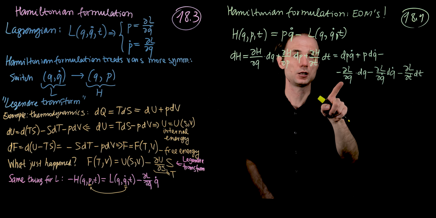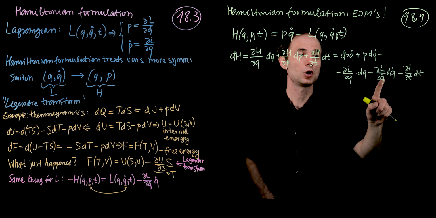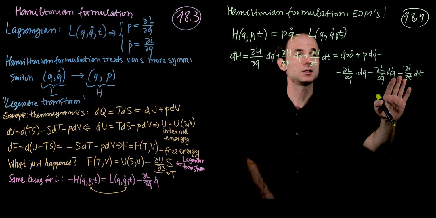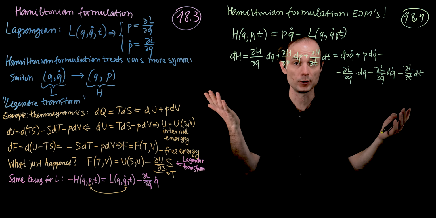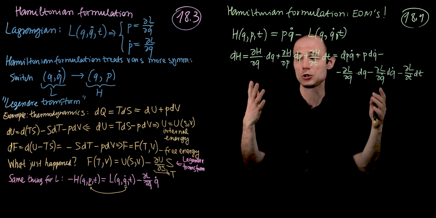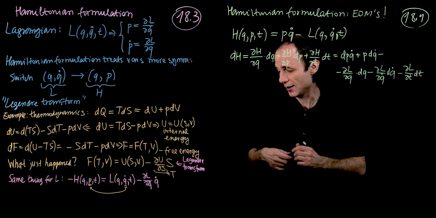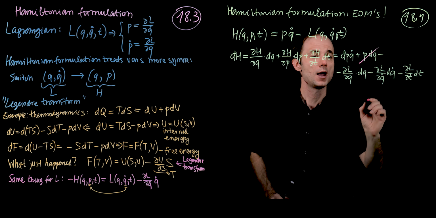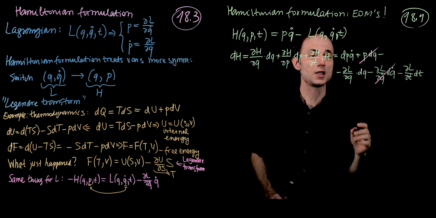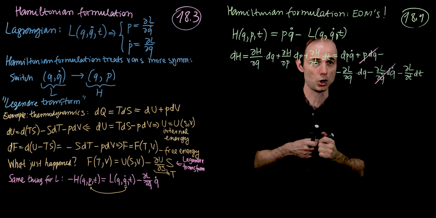So it will be ∂L/∂q times dq minus ∂L/∂q̇ times dq̇ and minus ∂L/∂t times dt. And now all we need to do, because all these variables are independent, is collect the terms that are multiplying the same variables. After realizing that this term and that term actually cancel each other because P is equal to ∂L/∂q̇.